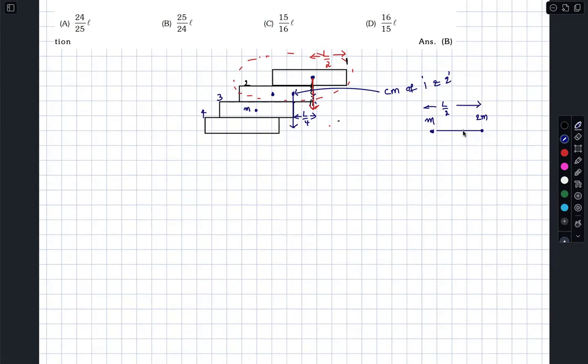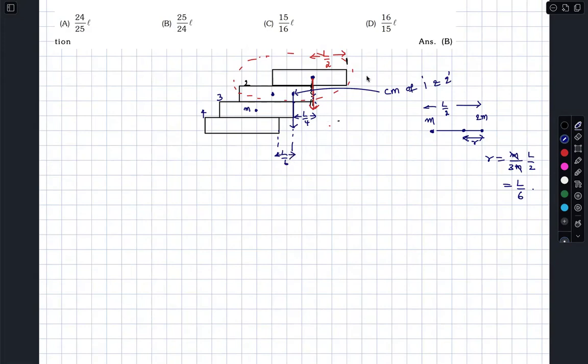Then where lies the center of mass of this system? From here, it is m by 3m times L by 2, which is nothing but L by 6. From here, this system must be at L by 6.